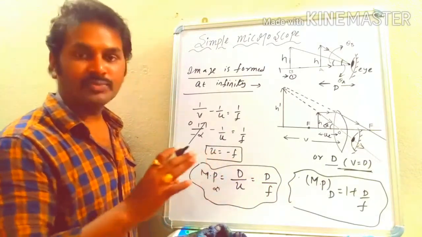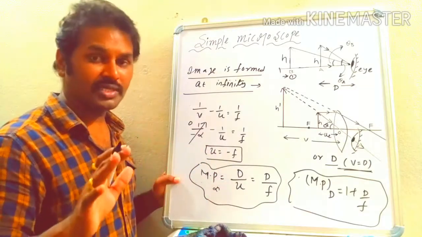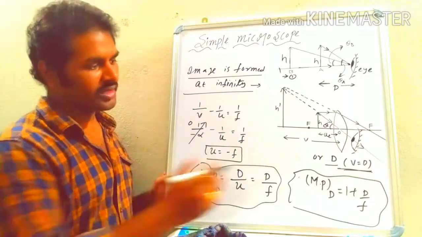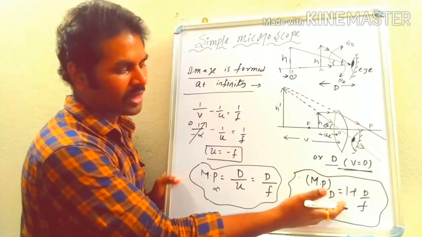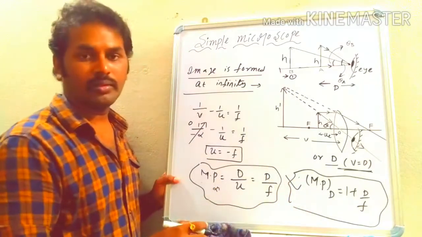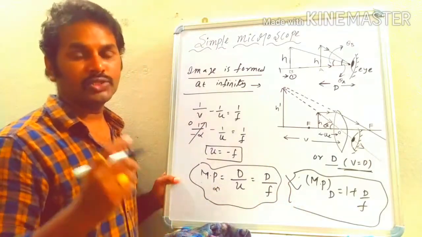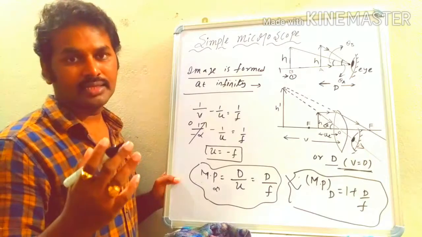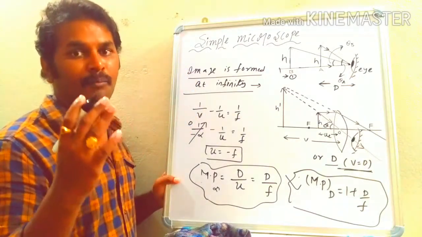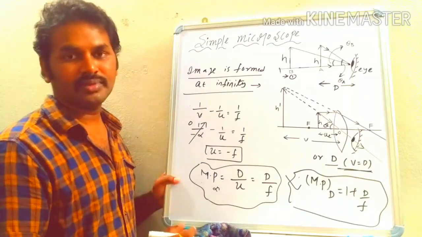Which one we choose all depends on what we want. Do you want a bigger one? Yes, if you want a bigger angular magnification of the simple microscope, we can go with this one. But at the same time, the ciliary muscles inside the eye are most strained.